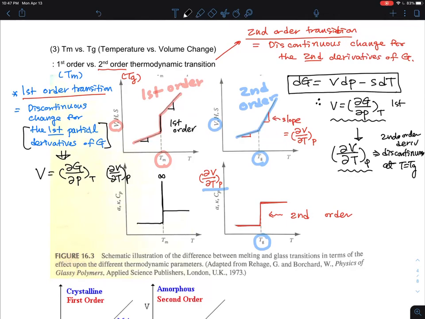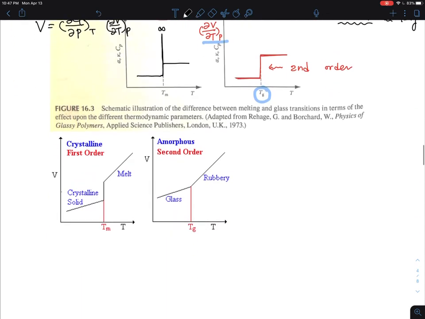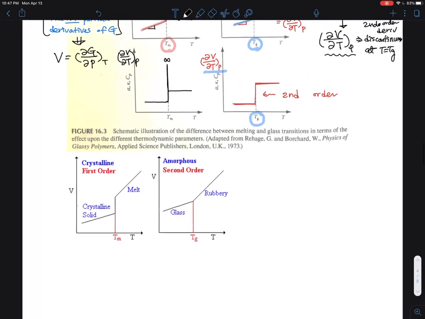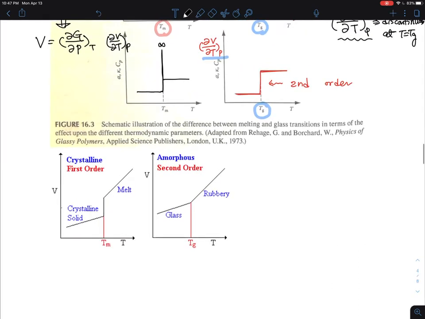I also found some pictures from the internet. They are essentially saying the same thing, as you can see. And then you see the Tg, the rubbery versus glassy. This is Tm, they call it melt. You can also call it rubbery; there's nothing wrong with that.